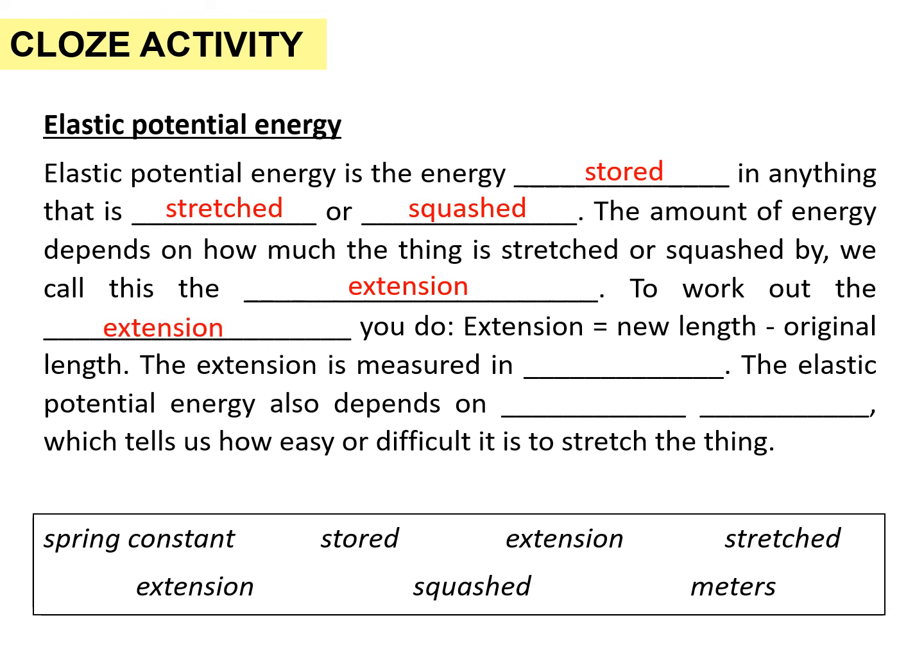To work out the extension, you do extension equals new length minus original length. I'm just going to highlight that because that is a formula. The extension is measured in meters. The elastic potential energy also depends on the spring constant, which tells us how difficult it is to stretch the thing.